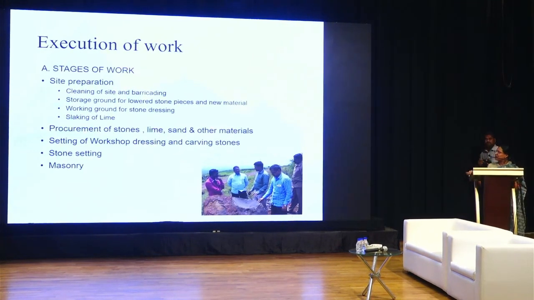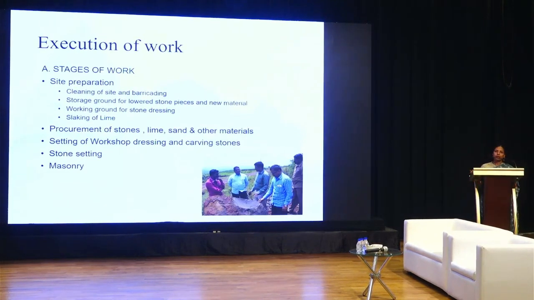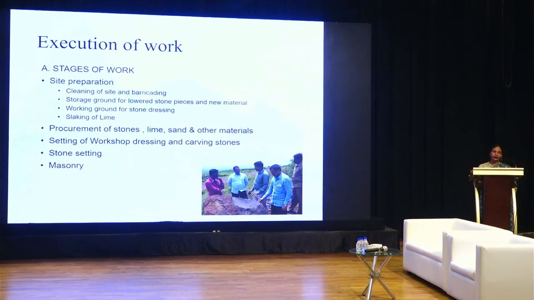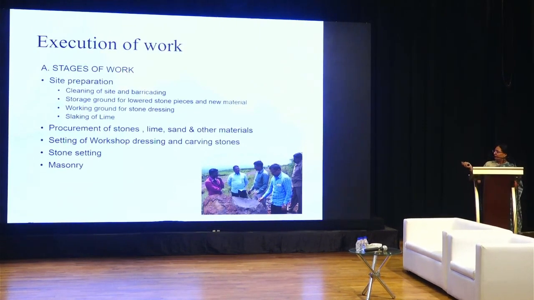When execution work started, the original stone of the temple was procured from Nashe's fort nearby Nasik. For the composition we found on the surface of the temple, we approached the quarries located in Maharashtra, where we can find similar basalt, because in basalt also we can have a little variation.